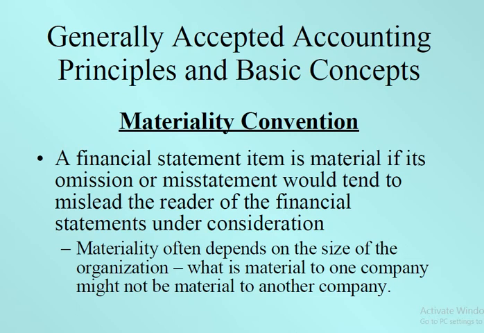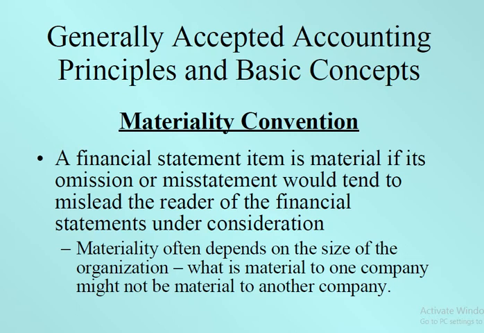Materiality convention. A financial statement item is material if its omission or misstatement would tend to mislead the reader of the financial statement under consideration. This simply means that if you omit such a statement or figure, it would definitely have a huge impact on your financial statement, and could be material.